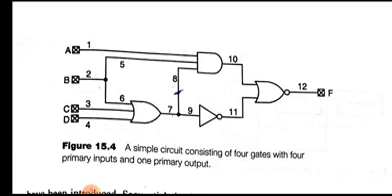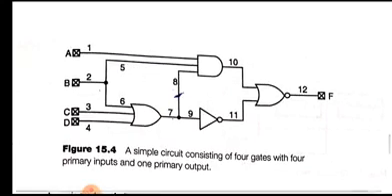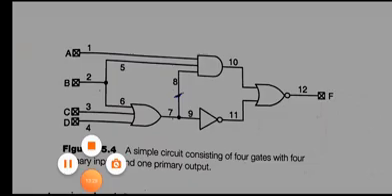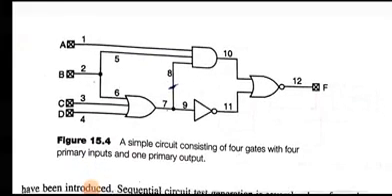Basically we have to detect the fault at the particular line, that is line number 8, because line number 7 is further divided into 8 and 9. So whatever output we are getting at line number 7, we have to identify the fault at line number 8. Okay, how we can detect, let me check it out.